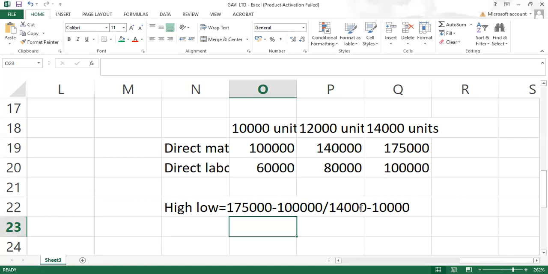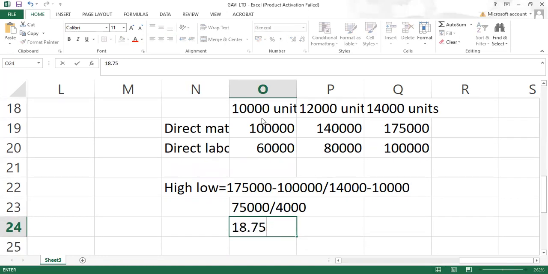No, that is too much. 175,000 minus 100,000 is how much? 75,000. So 14,000 minus 10,000 is how much? 4,000. 75,000 divided by 4,000 is how much? Okay, 18.75.